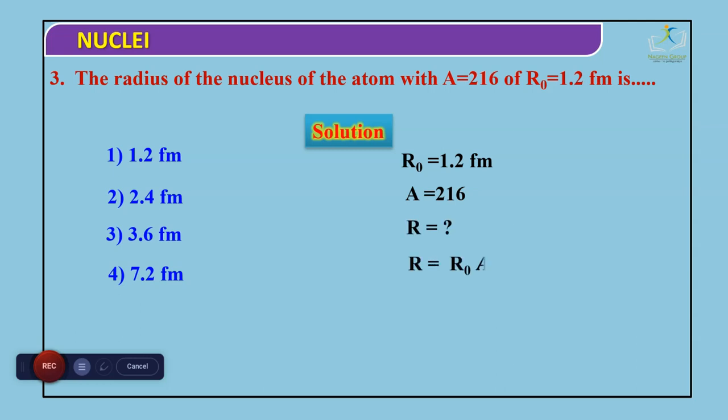R is equal to R naught A to the power 1 by 3. Putting all these values, 1.2 fermimeter times 216 to the power 1 by 3. After solving, we get the value 7.2 fermimeter. According to this, the correct option is option 4.